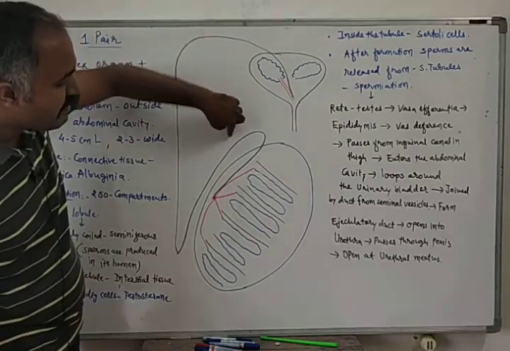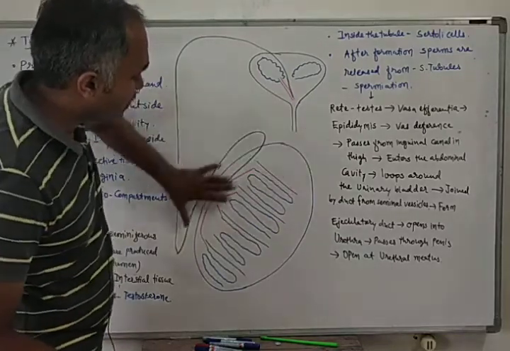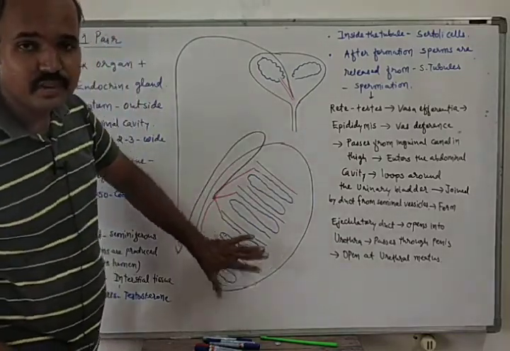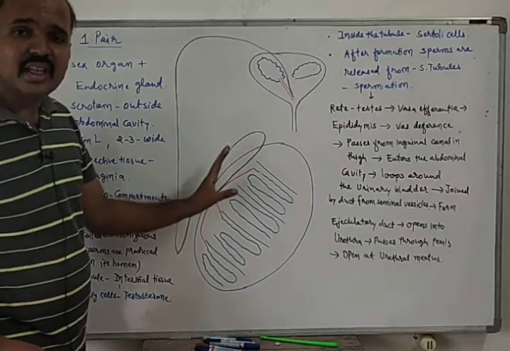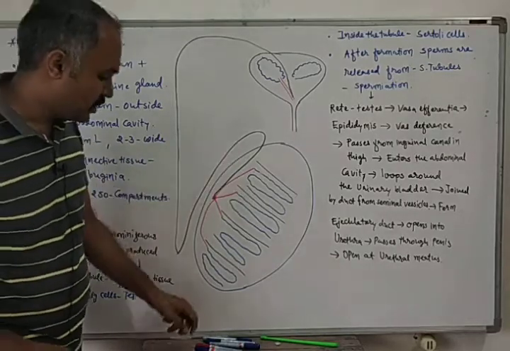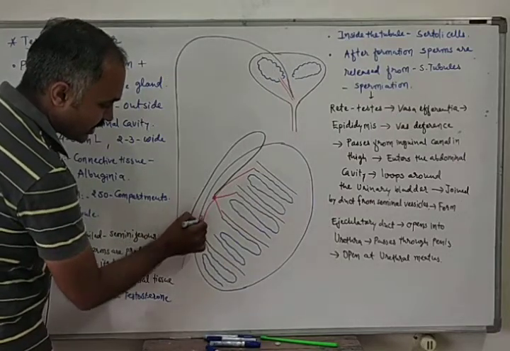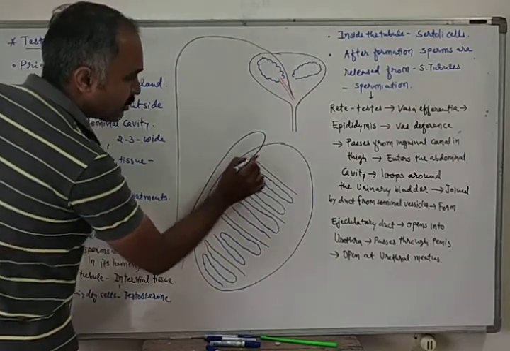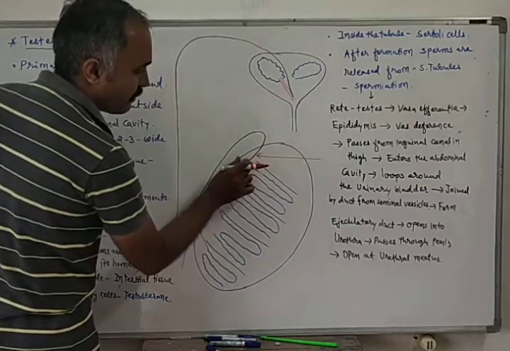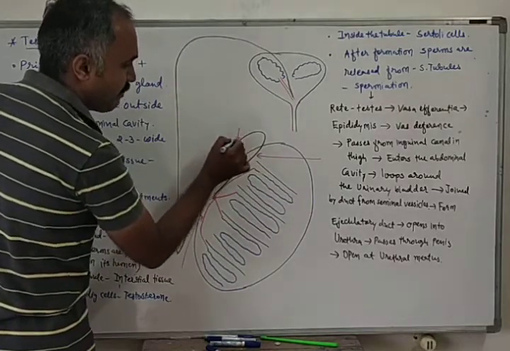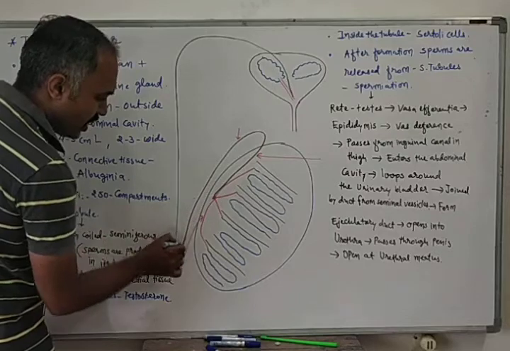This epididymis covers the testis on the posterior surface. So this is the rete testis, this is the vasa efferentia, and then this is the epididymis.